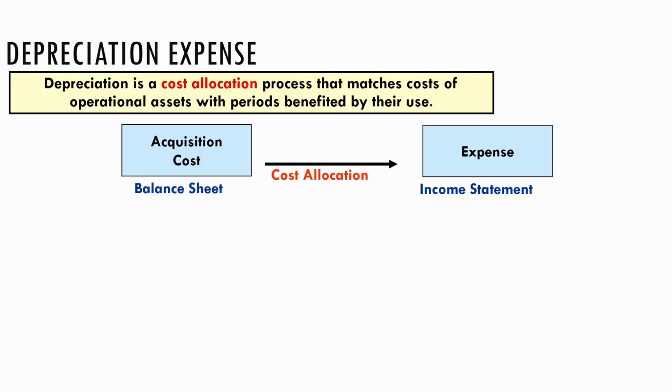Depreciation expense is something which we will be doing on almost all of these tangible, long-lived assets except for land. And it is a cost allocation process. So we take on this asset and we record it by debiting the asset, but we know that at a certain point in time the asset's not really going to have value to the company.